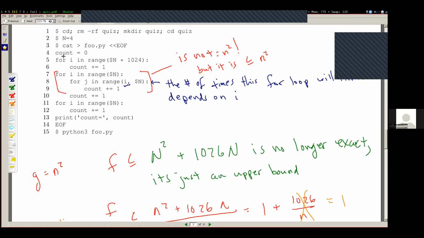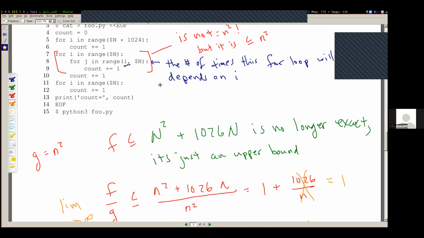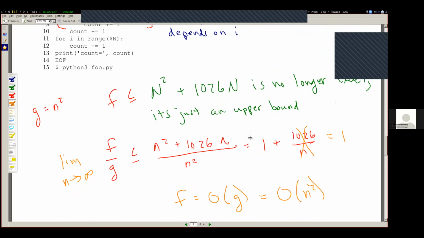So 0 is a valid lower bound for this count value. We could also, just looking at this for loop and this for loop, come up with another lower bound if we wanted to. But the statements that we've worked through so far are just about the upper bound. In general, upper bounds are more useful than lower bounds, but there are times when you want to talk about lower bounds too. Good question.